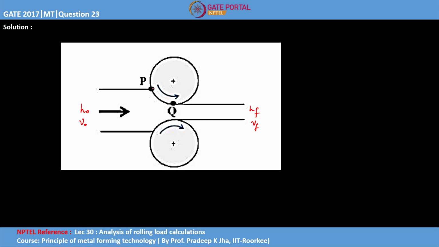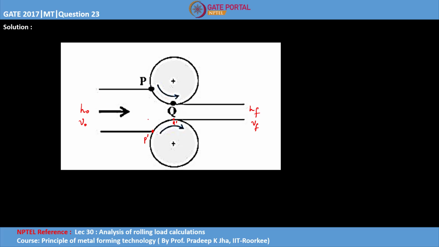Let's say this point is p, and here also you can say it is p dash. Similarly, this is q dash. So p dash is the point where the slab is entering, and q dash is the point where the slab is exiting.